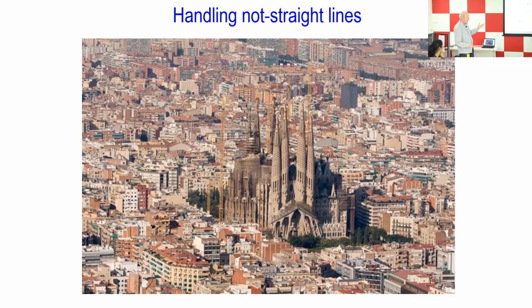So let me show you a good example of how technology can solve the problem of constructing an object that is very complex without knowing all the parameters. Well, I show you here a famous building in Spain. It's a cathedral called Sagrada Familia.